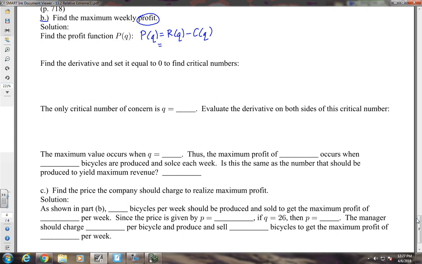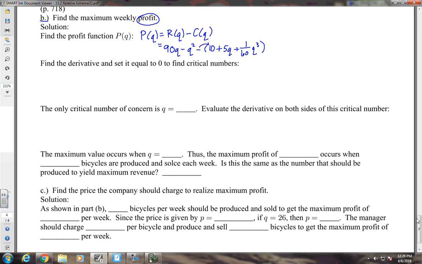Now, in the previous example, we discovered that revenue was 90Q minus Q squared. And the cost function was given in the original problem at the top of the page. It's 10 plus 5Q plus 1 over 60Q to the third power. Okay, so I need to simplify all this stuff.